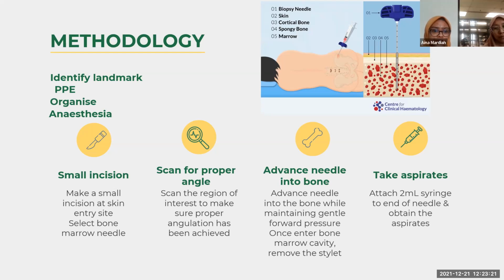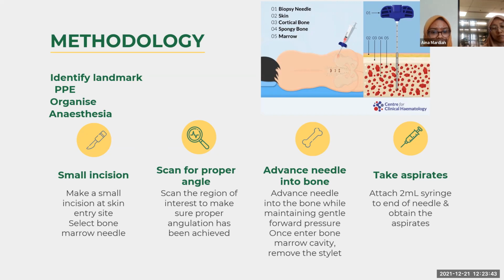Next, we should do the PPE, organize the tray and equipment, and anesthetize the patient using lidocaine. Next, we make a small incision at the area for skin entry and select the appropriate bone needle size.